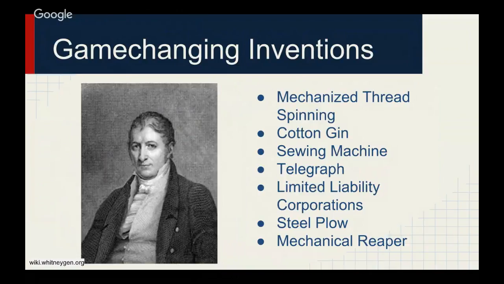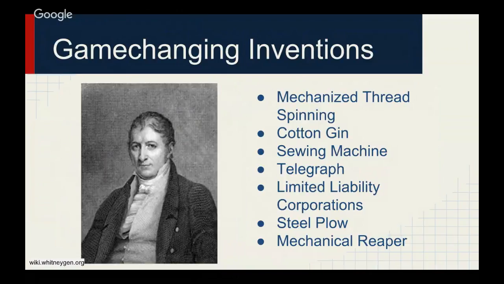The cotton gin, which was actually invented by Eli Whitney in the 1790s, would have the impact not only of allowing cotton to be processed much faster and then sent on to the textile mills in New England, but also, unfortunately, would lead to a resurgence in slavery, because now that the cotton could be processed much more quickly, it was much more in demand by the textile mills, and this then indirectly led to an increase in enslaved individuals.